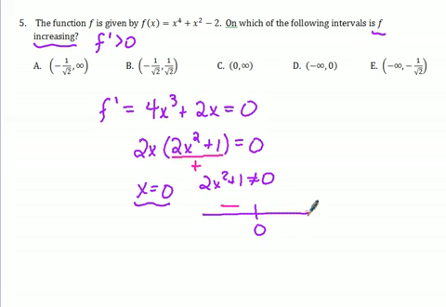If I pick a number in this interval, like +1, plug it in here, I get a positive value times a positive value is positive. And again, remember, I'm looking for where f prime is positive. That happens on this interval right here, which corresponds to answer C, 0 to infinity.